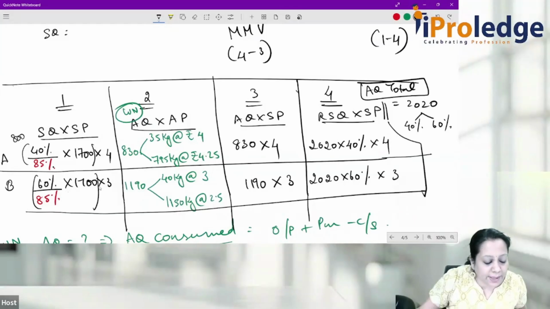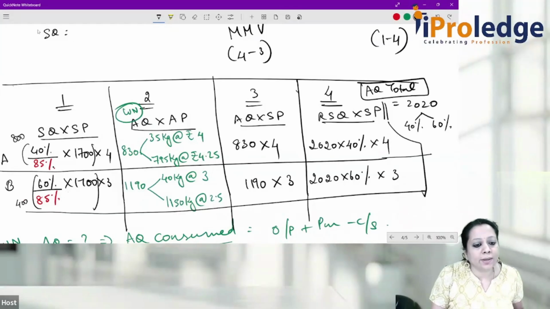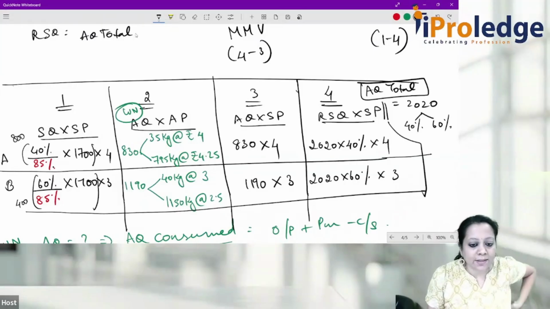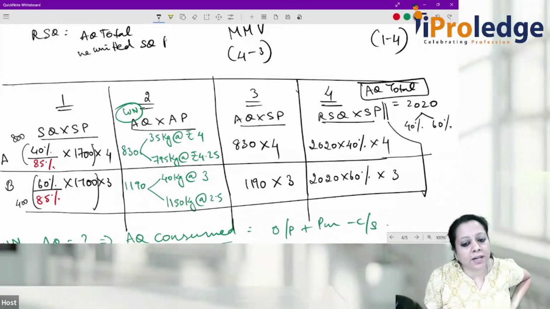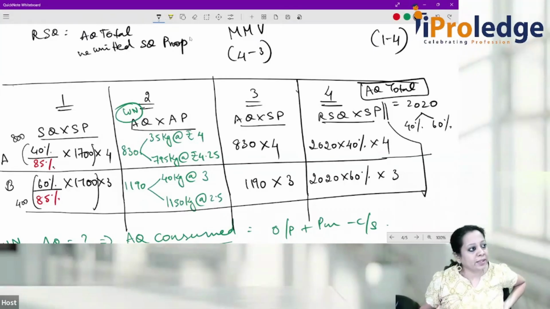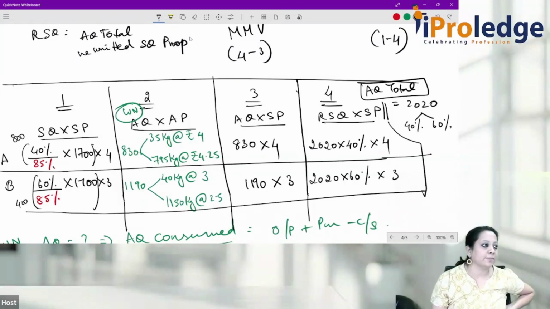If you do this, how much are you getting? 400. RSQ means the actual quantity total which has to be rewritten in standard quantity proportion. If you think you'll get confused, always follow this instead of percentage.